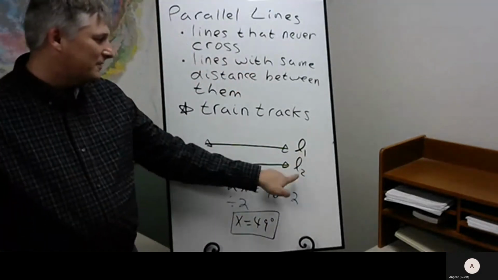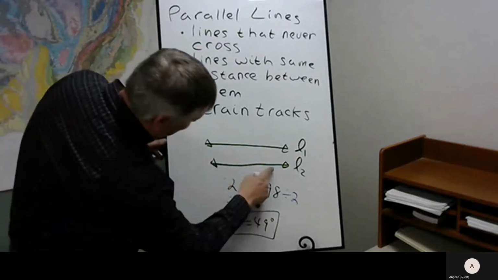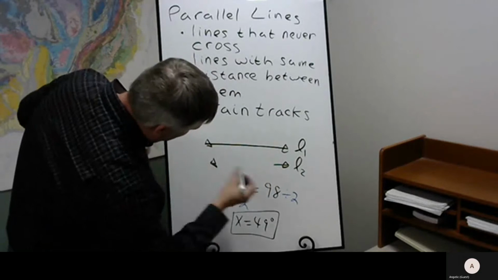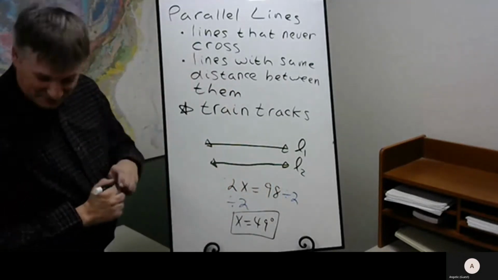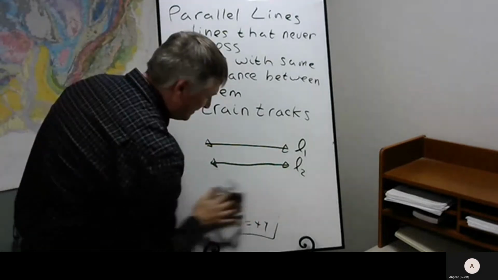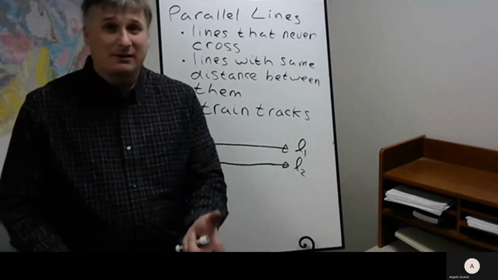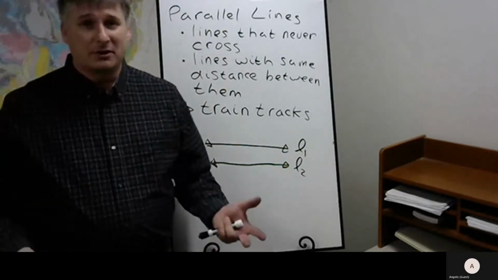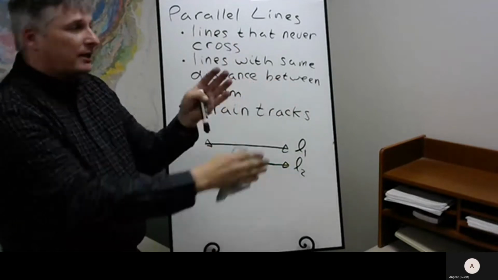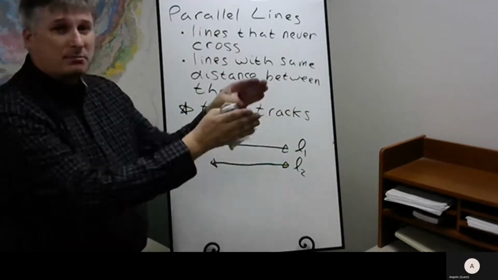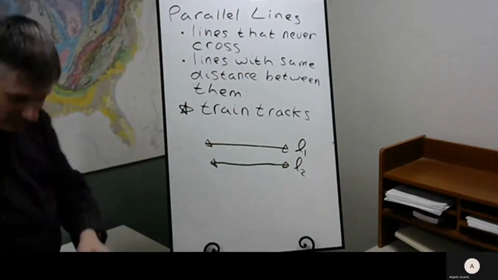So this is our first line and this is our second line, barring some artistic license. Let's see if I can do that a little better. Guess I'll forever be not getting parallel lines perfectly parallel. I hope you get the idea. You can think of them like they're train tracks. They're just going to keep going and going, and they're never going to cross each other. And because they're lines, they're never going to bend.